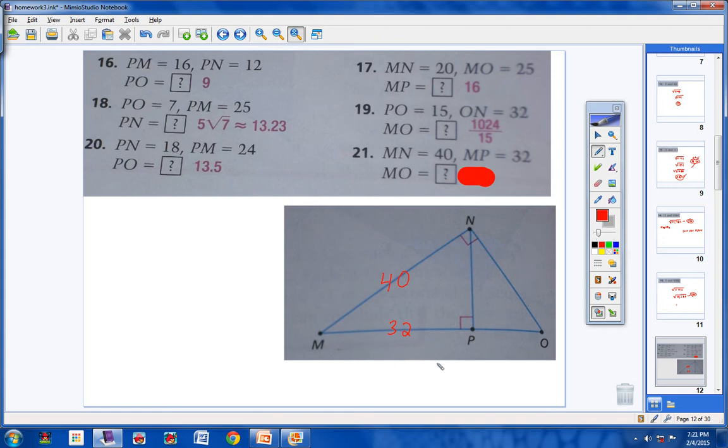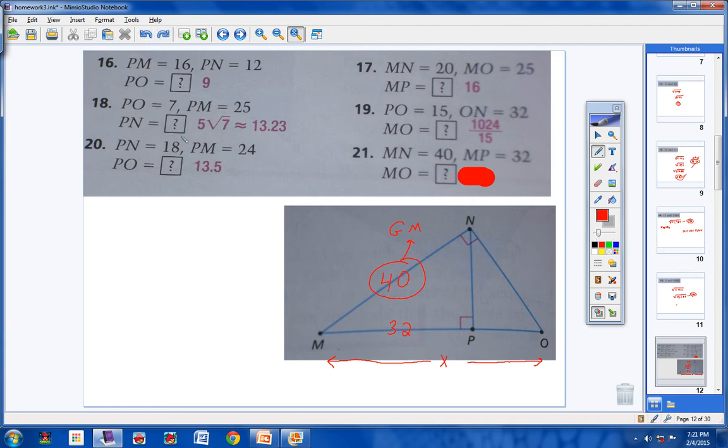So x all the way from here all the way to here. So with that in mind, remember we learned that this number here is the geometric mean of these two numbers here, this segment here and the entire hypotenuse all the way across.